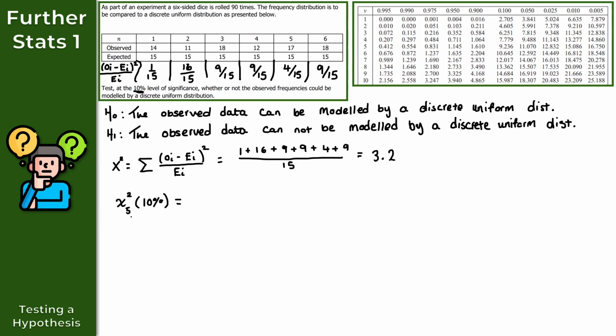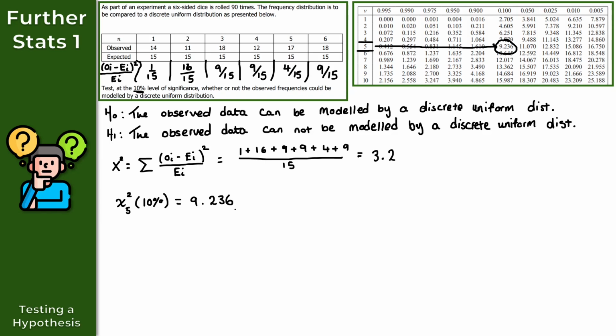Well, we have 5 degrees of freedom, so we're going to be in this row here. And we have a 10% level of significance. So we keep going until we get to the 10% level of significance, which is this value here. Let's circle that. So we get 9.236.